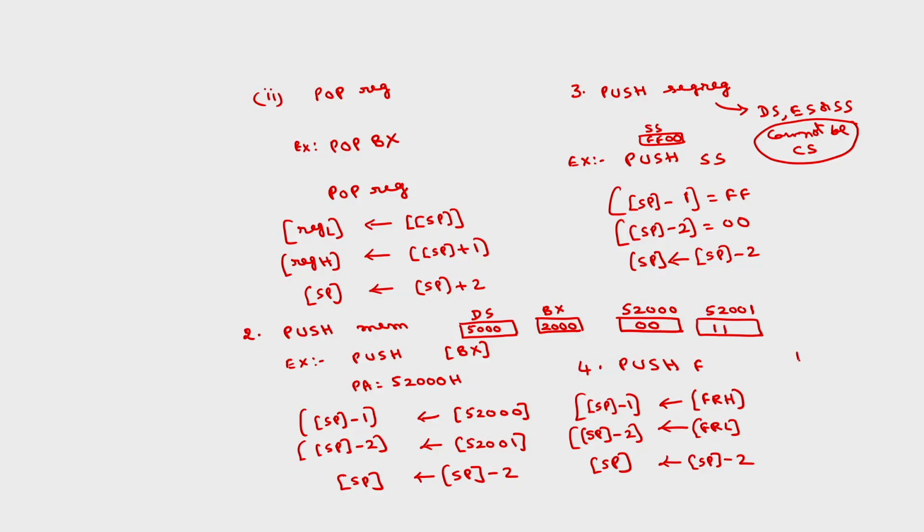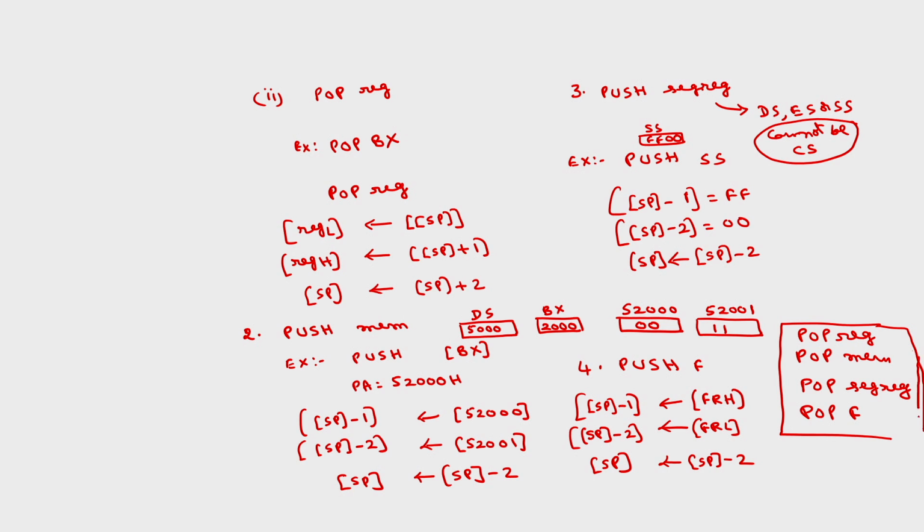Similarly, we have 4 opposite operations which are pop operations, as I have discussed here. This is pop register. We can have similarly pop memory, pop segment register, pop flag. So totally we have 4 pop instructions correspondingly. These are the reverse operation to push. The operations inside this will be similar to this.